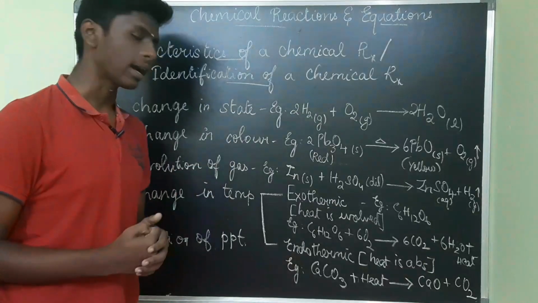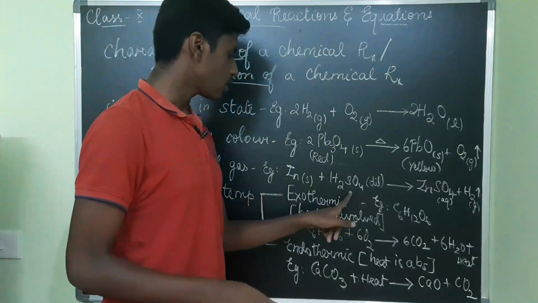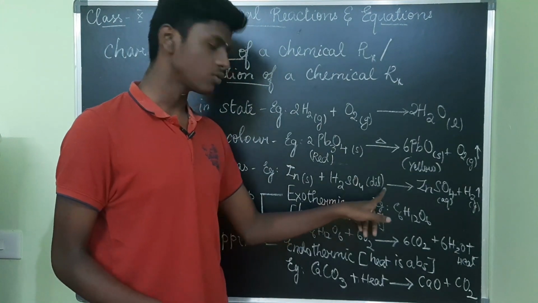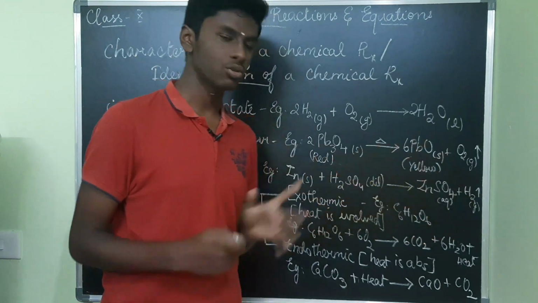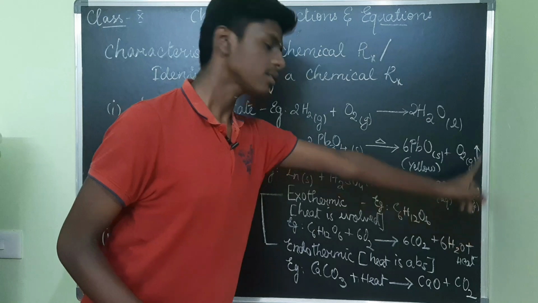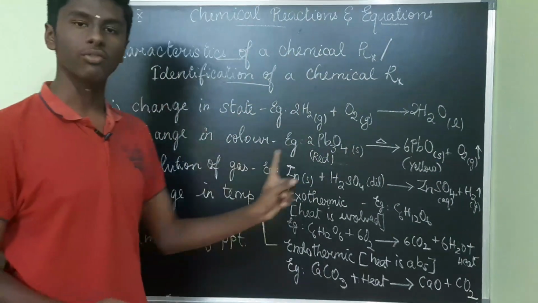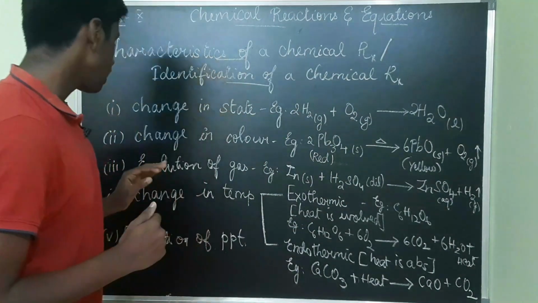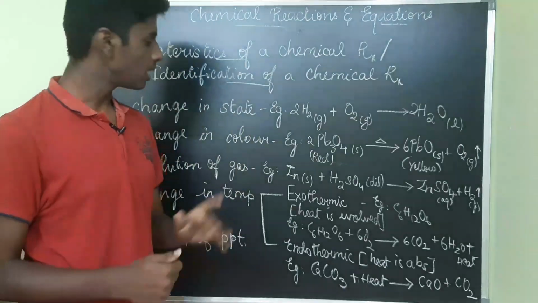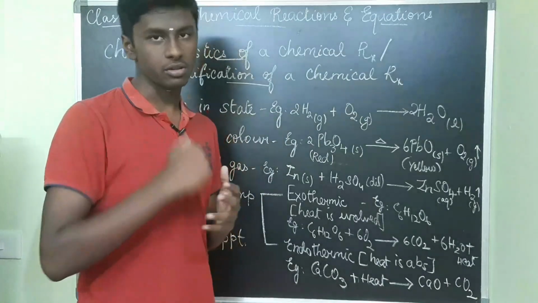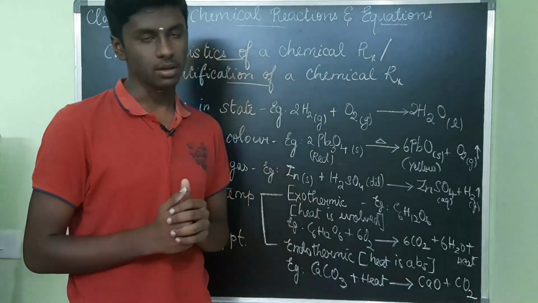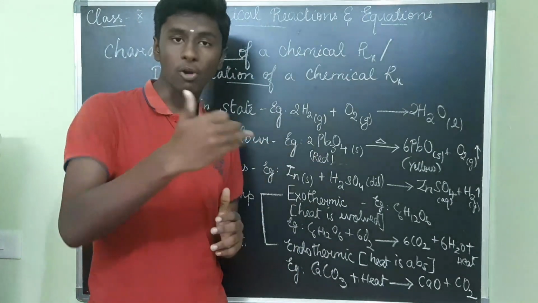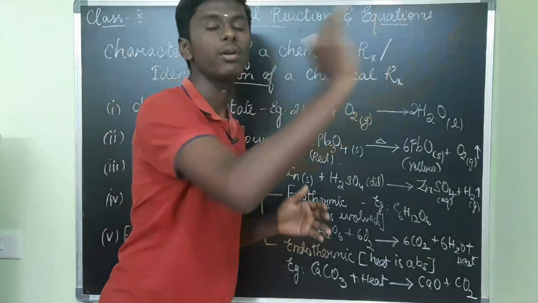Next, evolution of gas. Zinc plus dilute H2SO4, that is sulfuric acid, forms zinc sulfate plus H2 gas. See, here H2 gas is evolved, so evolution of gas has occurred. Next, change in temperature. Temperature change is also a major factor. One is exothermic and one is endothermic. An exothermic process is a process where heat is evolved.